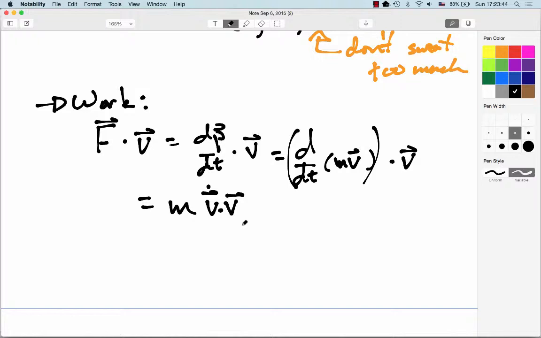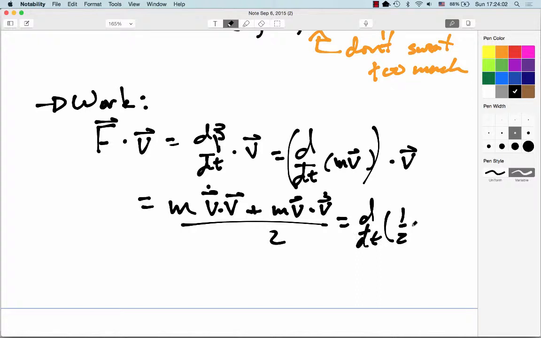Now, if we're clever about this, we can recognize that if we were to add to that m times v dotted with v dot and then divide by 2, we can wind up writing this as d/dt of 1/2 mv squared. So the result that we get out of this is that our F dot v is equal to dT/dt, or the power, as I advertised before.